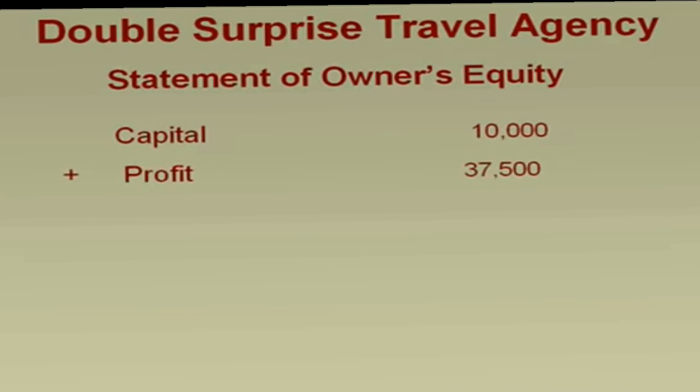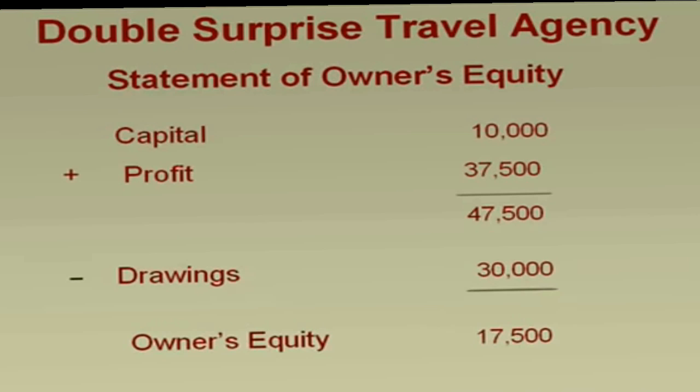So add profit, 37.5. You got this from the income statement. So in total, owner's equity is 47.5 less money they pulled out for personal use, which is drawings of 30,000, gives you equity of 17,005.